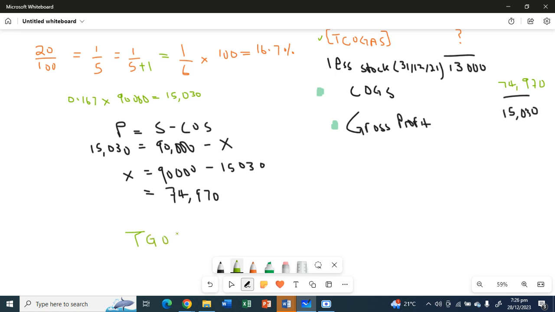Cost of goods sold, COGS, equals the total cost of goods available for sale, GAS, minus the closing stock.